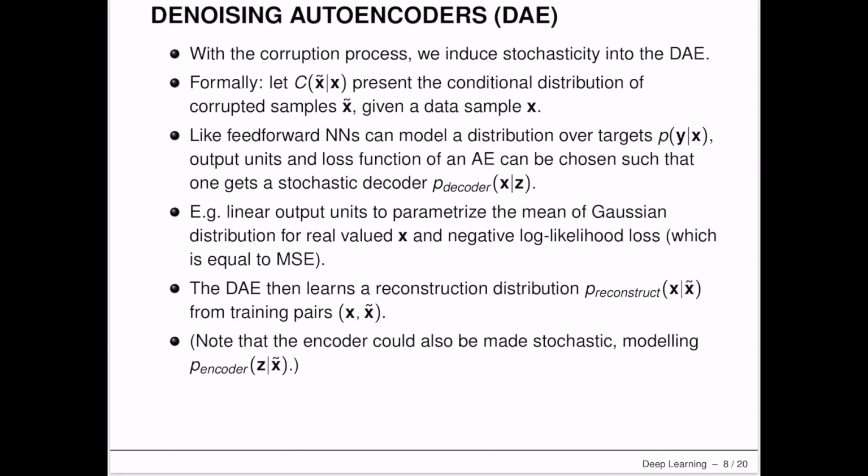So we would just now interpret the output of the decoder as giving us the mean of a Gaussian and using the mean squared error, but as equivalent to maximizing the likelihood. And then we learn a probabilistic decoder.